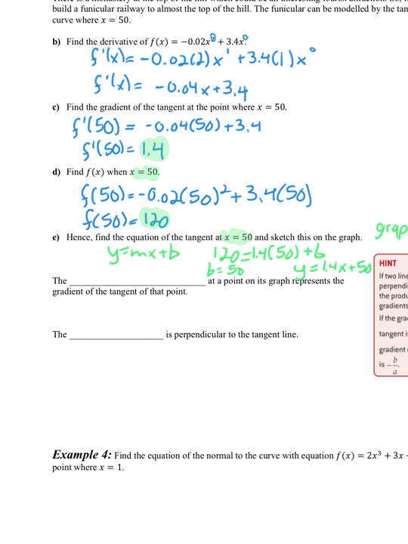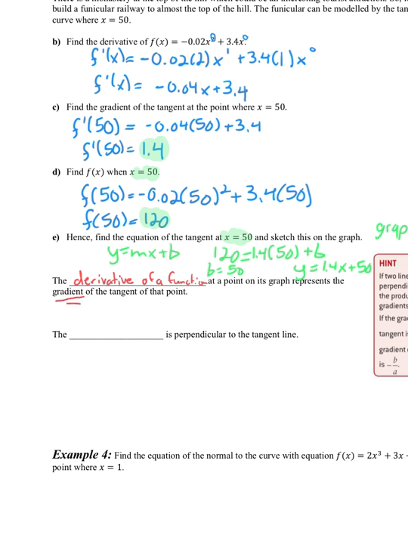All right, so one thing that we're going to talk about today is when we're looking at the derivative. So the derivative of a function at a point on a graph represents the gradient of the tangent at that point.